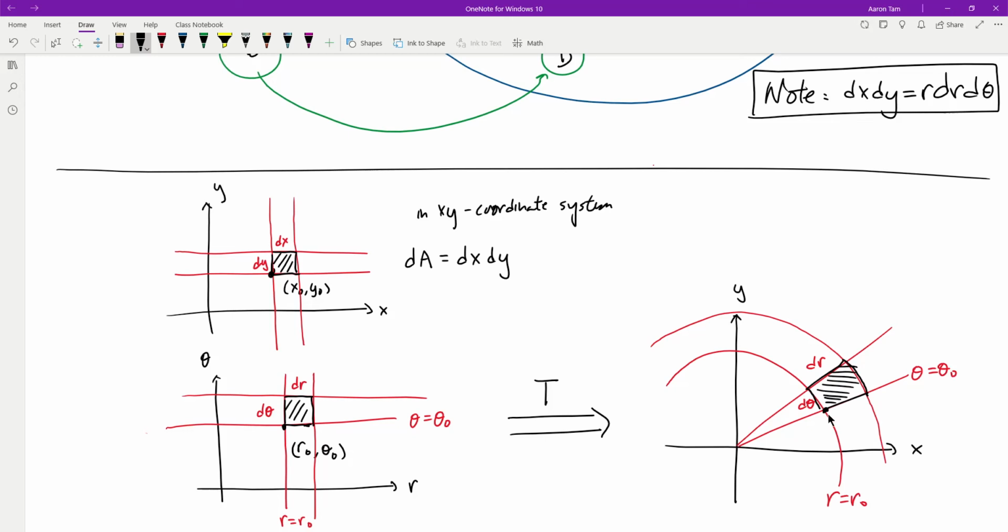So this is the point r sub 0, theta sub 0, which corresponds to x sub 0, y sub 0. But notice that dr d theta takes on a completely different shape compared to dx dy, and that becomes the problem. If I multiply dr and d theta together, what they look like in the xy plane doesn't form dx dy directly.